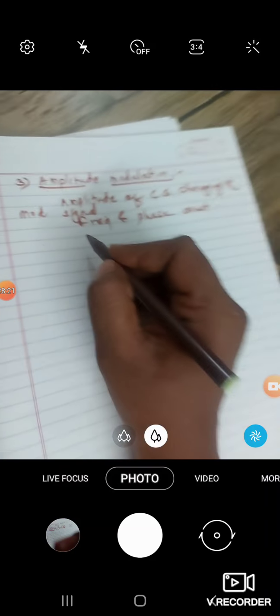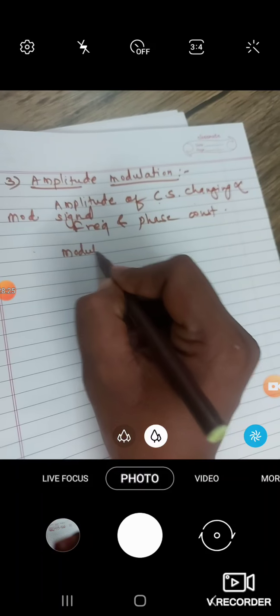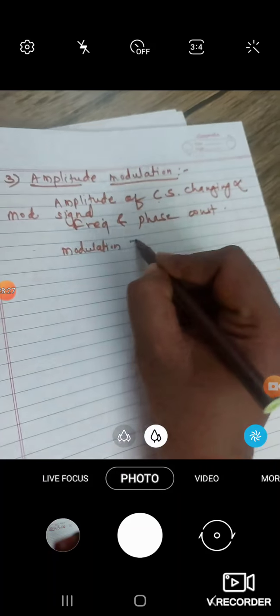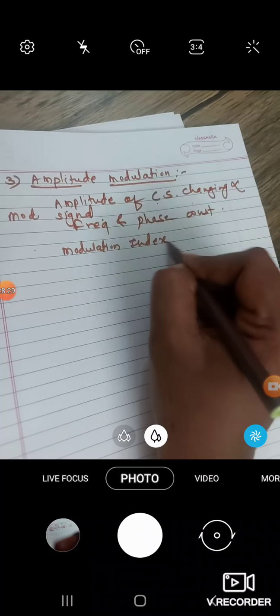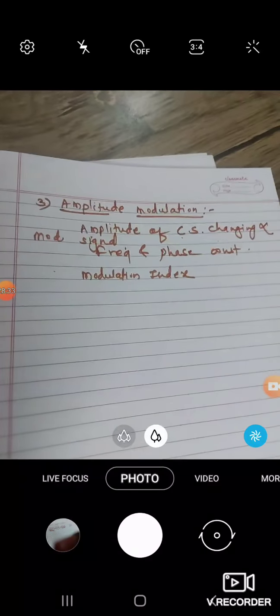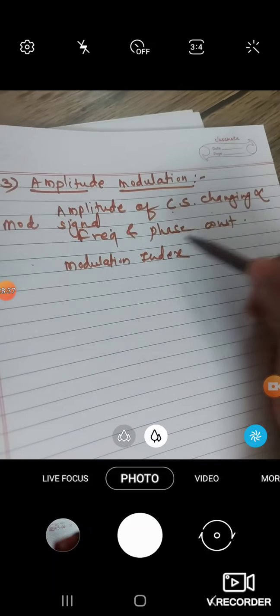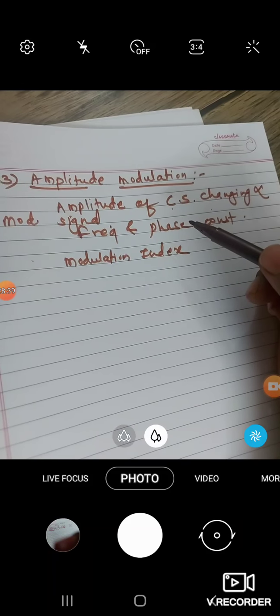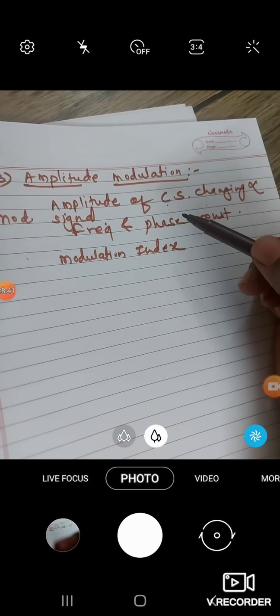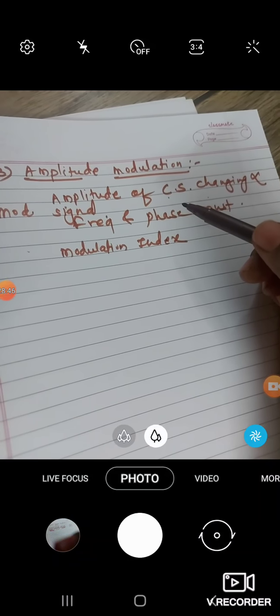Again, in amplitude modulation there is one term called modulation index. Why am I discussing these terms? Because based on the value of modulation index, there are three cases for amplitude modulation, and we have to draw the waveforms for all three cases.